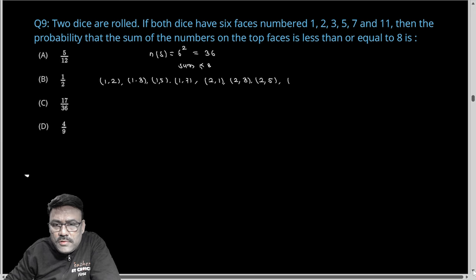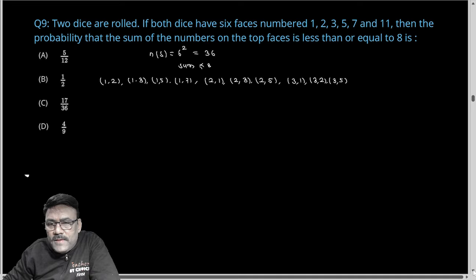Then 3, 1, 3, 2, 3, 5. Then 7, 1. So how many possibilities are there? Just count. 1, 2, 3, 4, 5, 6, 7, 8, 9, 10, 11.